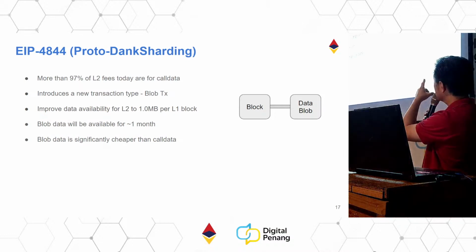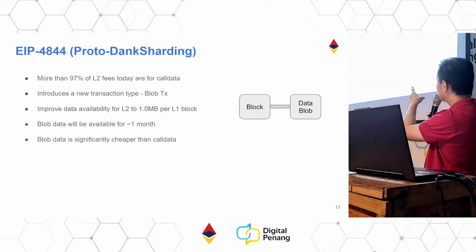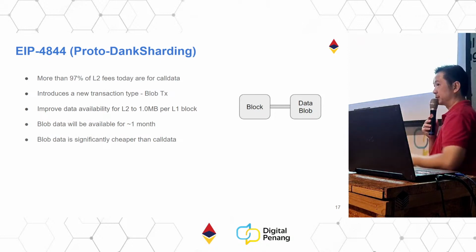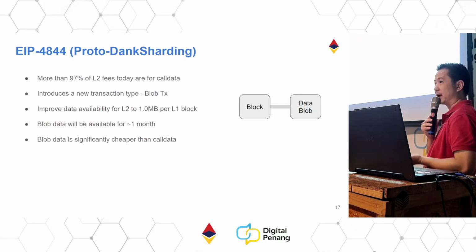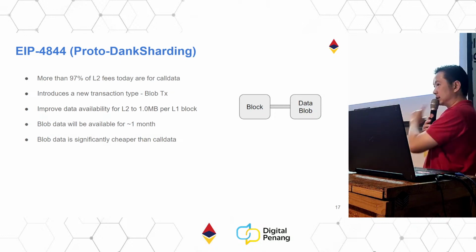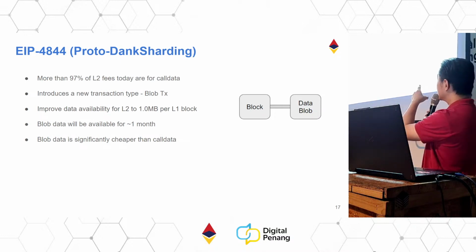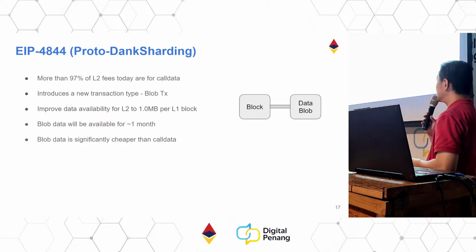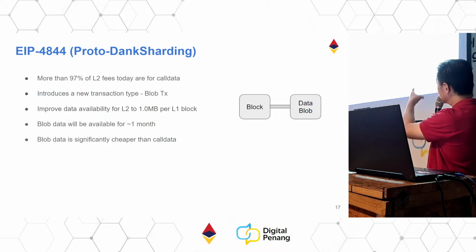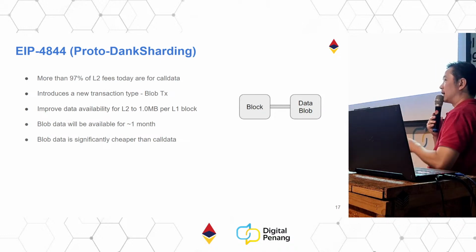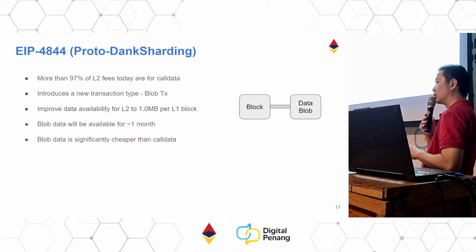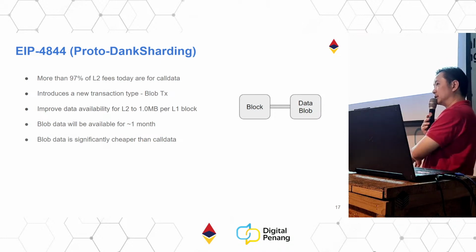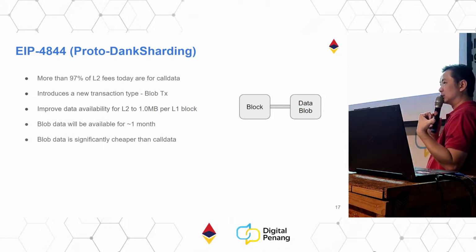So with this change in L1, they are going to introduce a new transaction type, a blob transaction, where the L2 can submit more data into L1. And whatever gets stored in this blob is significantly cheaper than storing the data in calldata. So this is how Ethereum layer 1 is helping the rollup ecosystem, right? It is introducing something new to make transactions in L2 much, much cheaper.